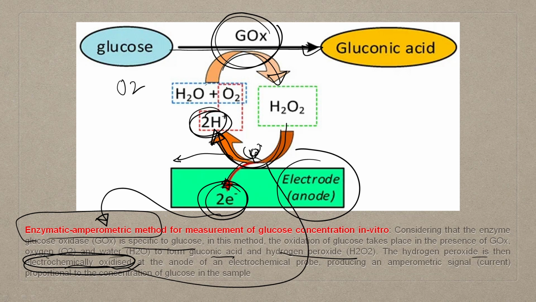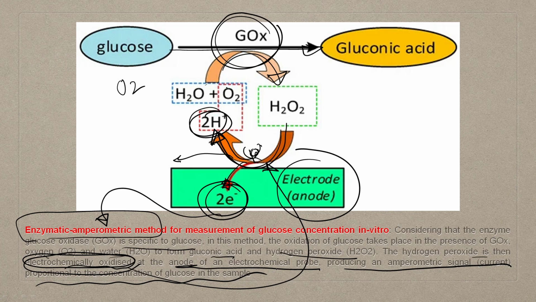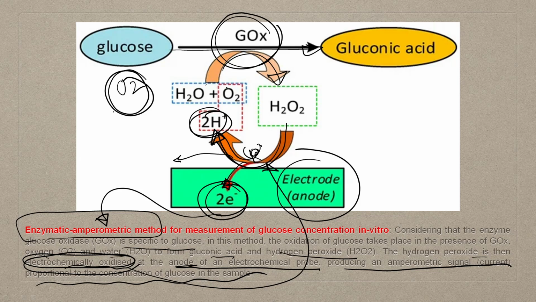This is the process which is happening here at the anode of the electrochemical probe, producing an amperometric signal, or a current, proportional to the concentration of glucose in the sample. And the very early ones, the very first one, utilized how much oxygen is being consumed in order to figure out how much glucose is present in the sample. This was the very early one, just using the Clark's electrode of oxygen detection.